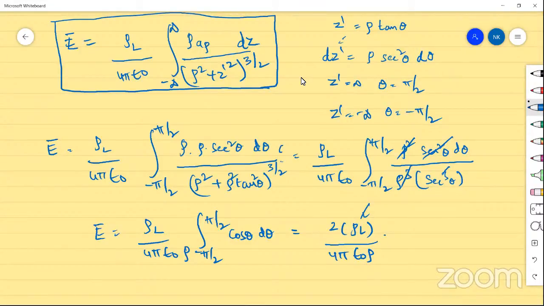The arrow is missing here; this arrow will be continuing from there only. So we get rho L by 2 pi epsilon rho into the arrow.